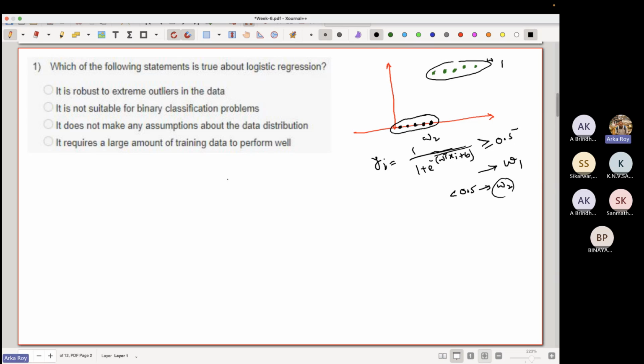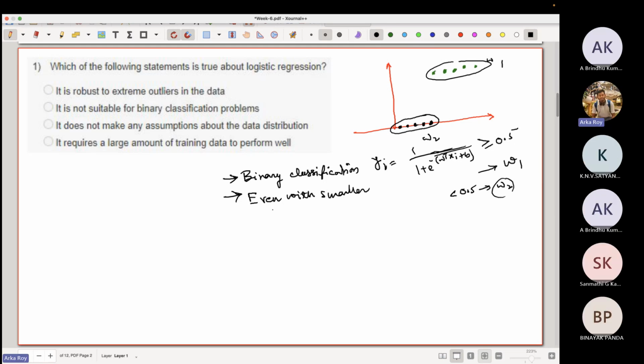So another major point I'm discussing is that this is used for binary classification. Even with a smaller amount of data, you can train logistic regression.